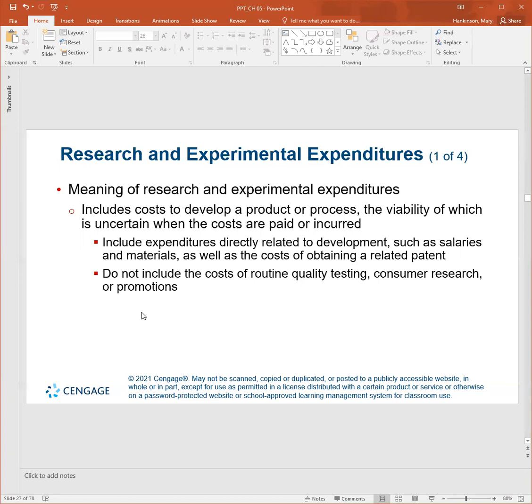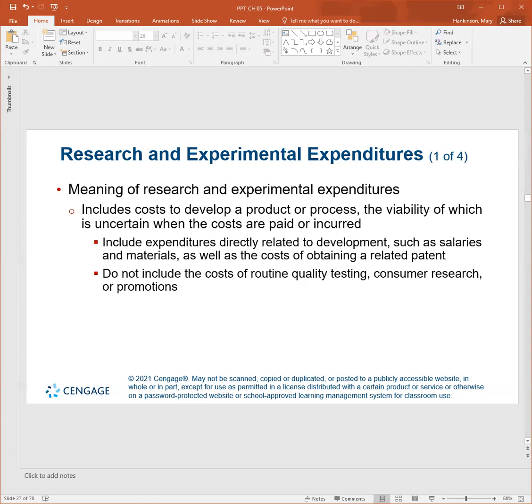Research and experimental expenses generally include costs to develop a product or process, the viability of which is uncertain when the costs are paid or incurred. They include expenditures directly related to development, such as salaries, materials, as well as the cost of obtaining patents.